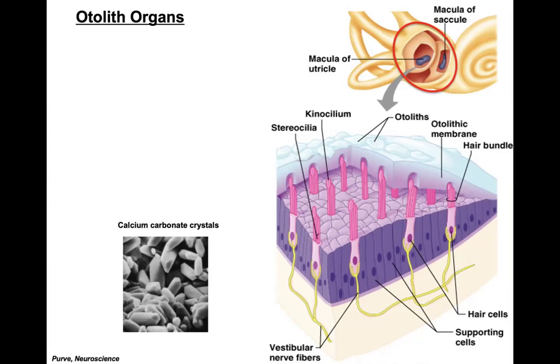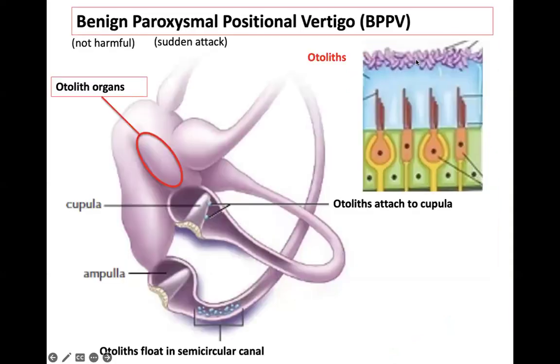But what happened in this case is that these otoliths, the stones or calcium carbonate crystals, fall off the membrane of the otolith organ. And then instead of being located inside the otolith organ, they fall into the semicircular canal.